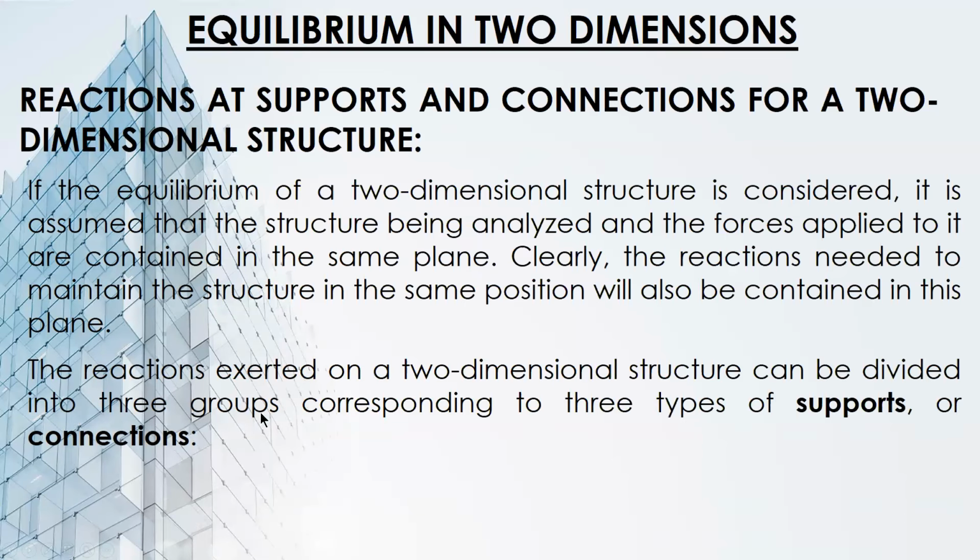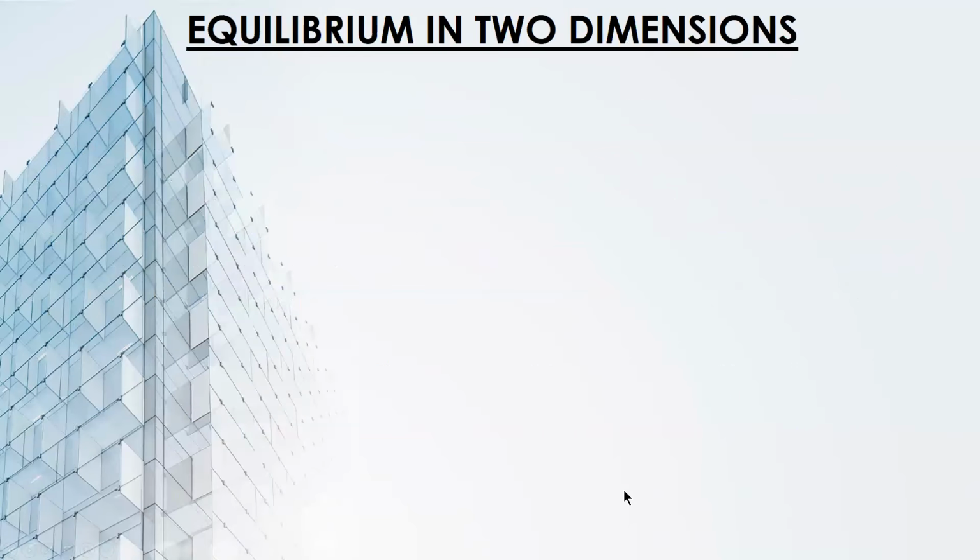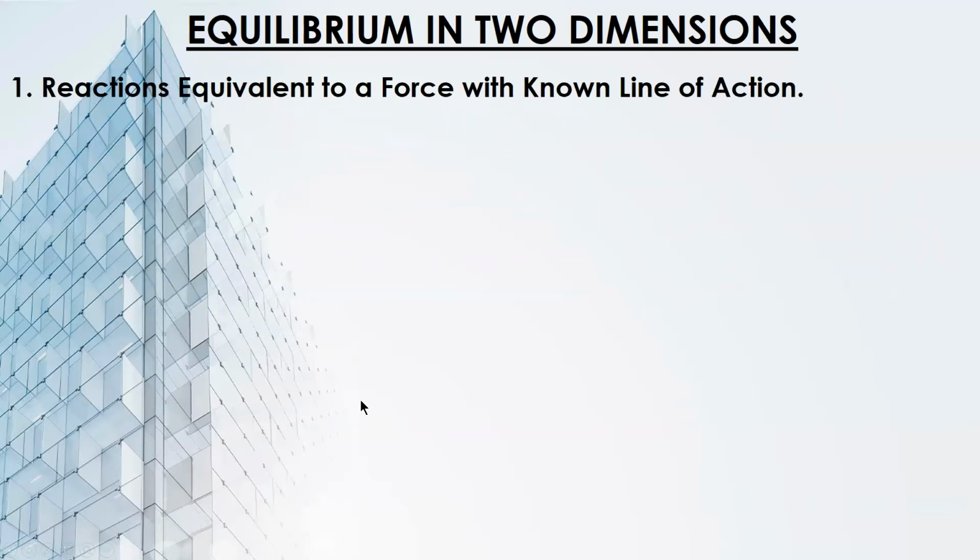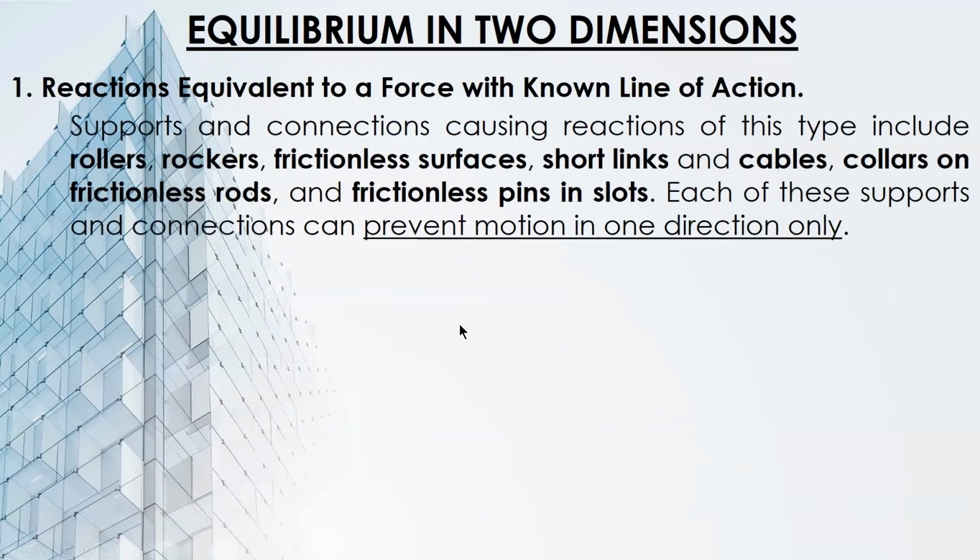The reactions exerted on a two-dimensional structure may be divided into 3 groups corresponding to 3 types of supports and connections. 3 groups. The first one, reactions equivalent to a force with known line of action.